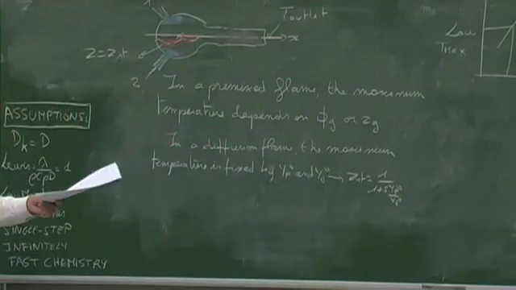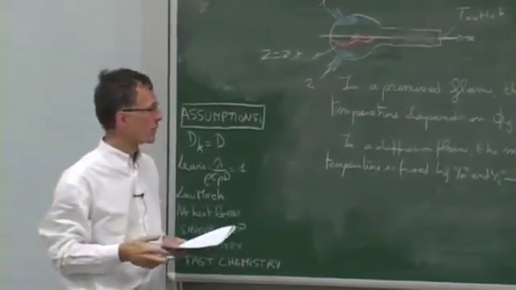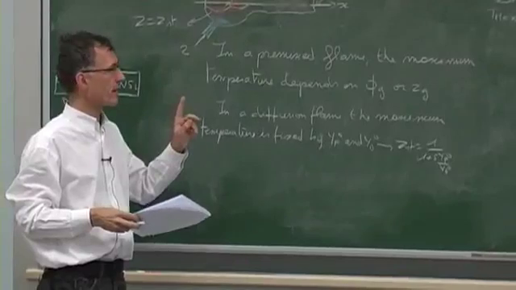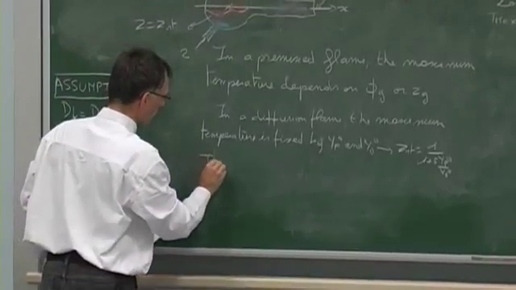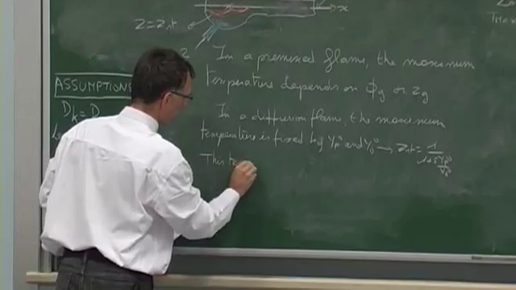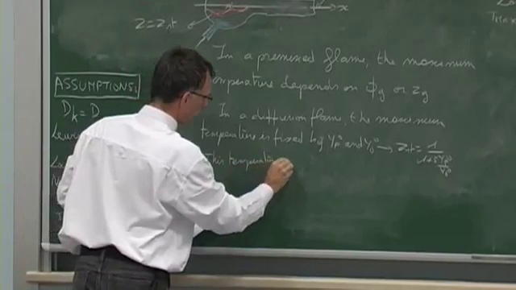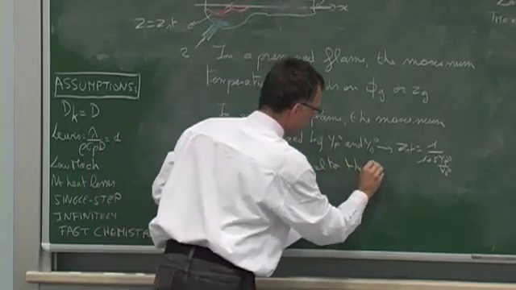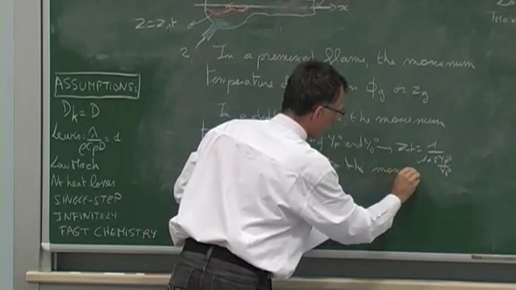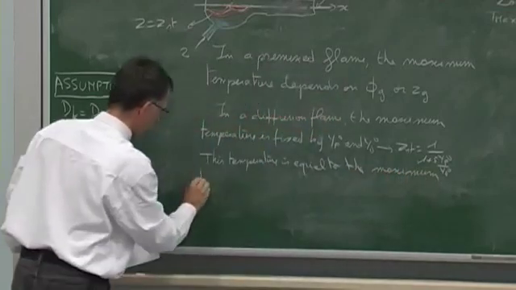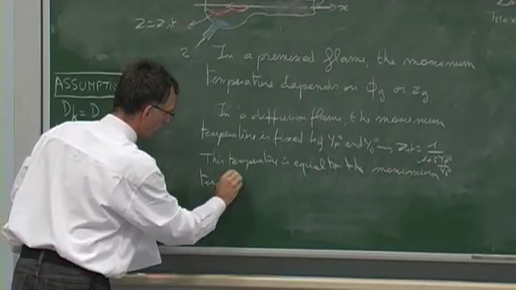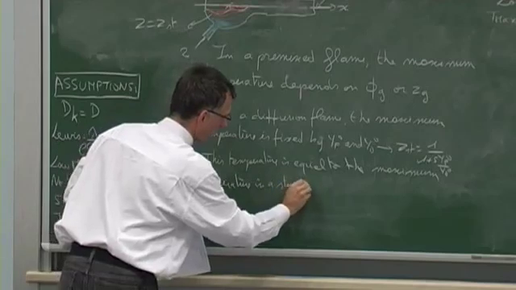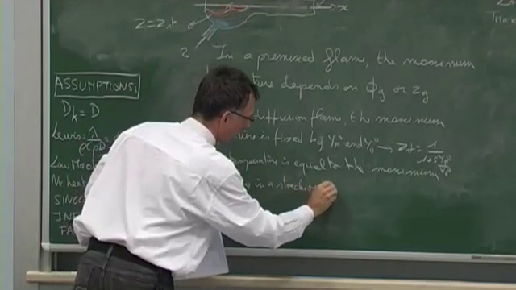It's fixed. It does not even depend on the flow rates. You cannot choose it. And this maximum temperature, this is something probably you should see by now. This temperature is equal to the maximum temperature in a stoichiometric premixed flame.